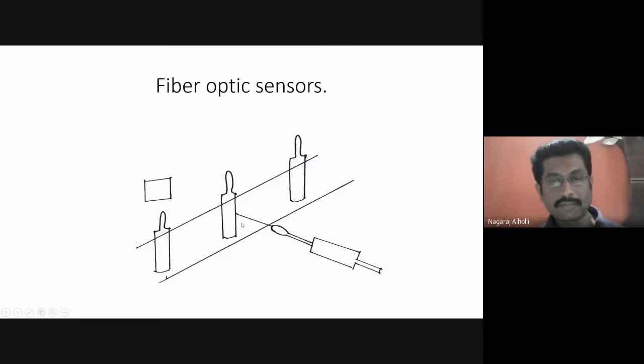If the object is not present, suppose in between this bottle and this bottle there is no object, so there is direct light incident from this optical fiber to the receiver. That is, transmitted light is same as the received light. There is no change in the intensity or the strength of the received signal, and hence it identifies that there is no object. If the object is present, there is change in the strength of the received signal, and hence it identifies that the object is present.